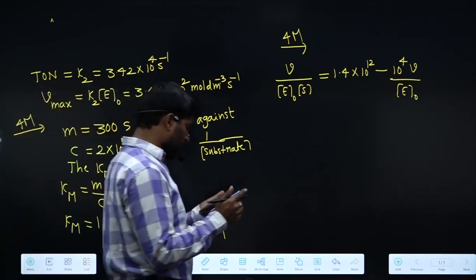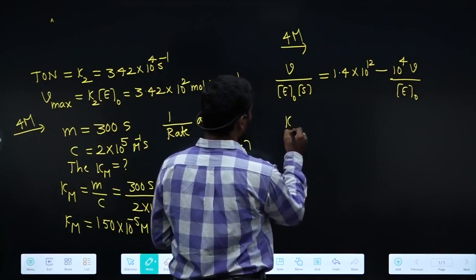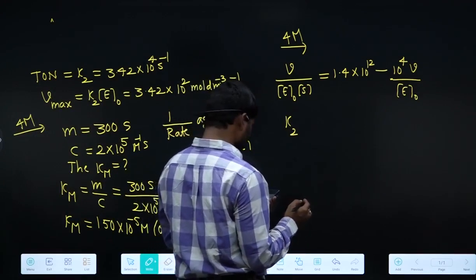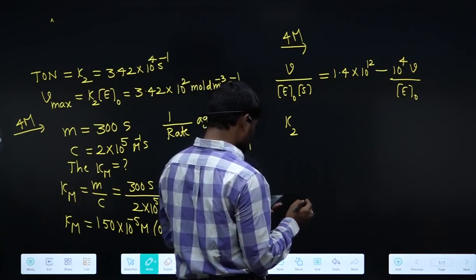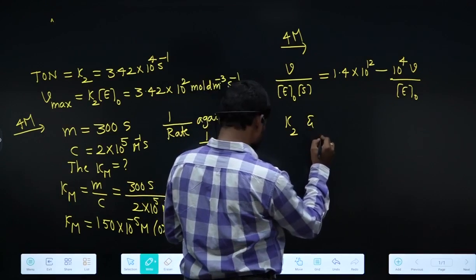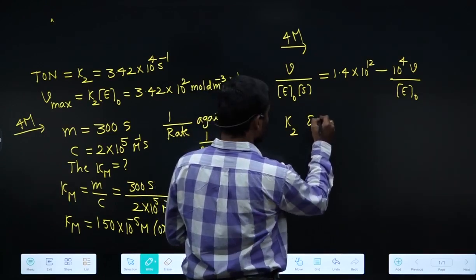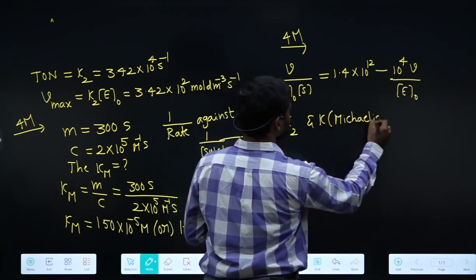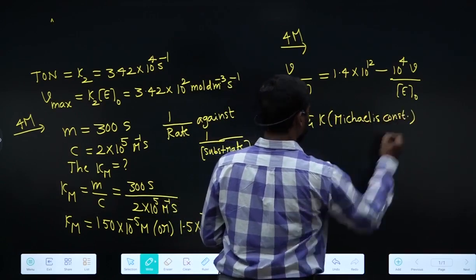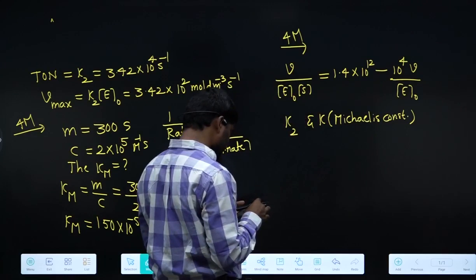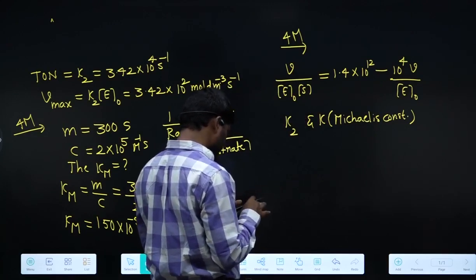The values of K2 and K, the Michaelis constant, respectively are.